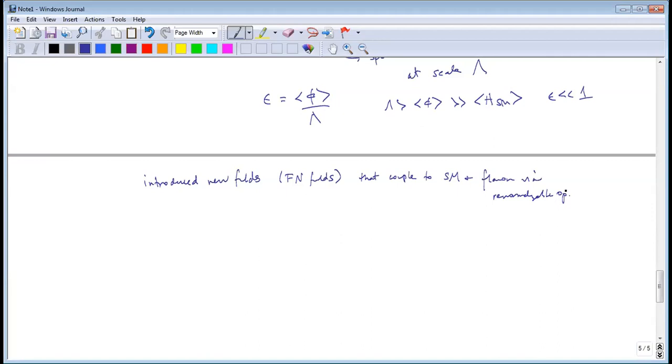Now these flavons have to be heavy. If they're light, they're going to be around mediating flavor changing neutral currents like crazy, and we really cannot have that. But what we can do is imagine the following type of diagram.